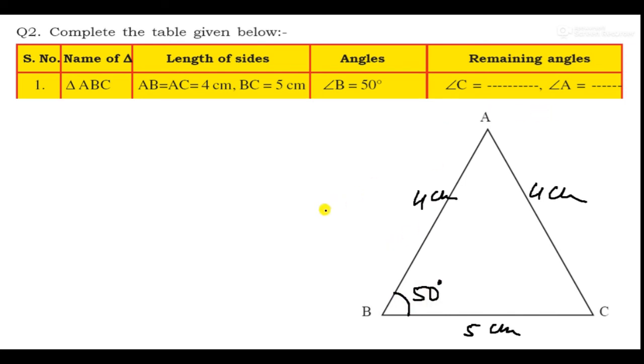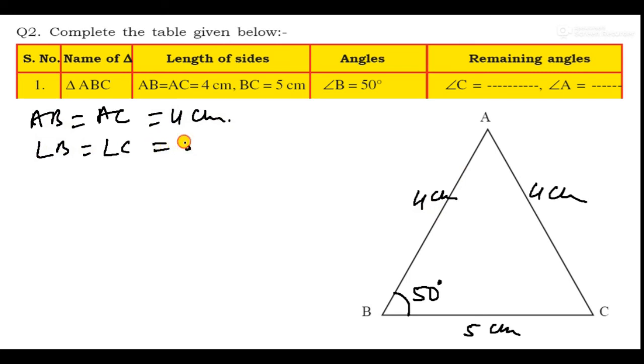Find the angle C and angle A. Because AB is equal to AC. Here you can see AB is equal to AC, and that is 4 centimeters. That means opposite angles are also equal. So angle B is equal to angle C is equal to how much? 50 degrees.